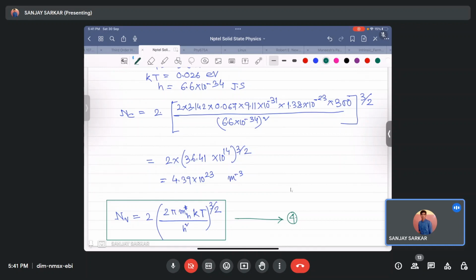So let me write this down. Option C is correct, right? Option C is correct, and this is the formula for effective density of states of conduction and valence band.